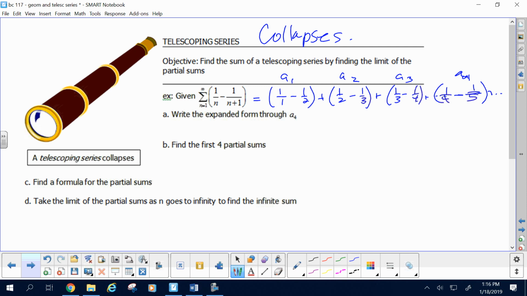Now, remember yesterday, an infinite series converges if the partial sums approach a limit.